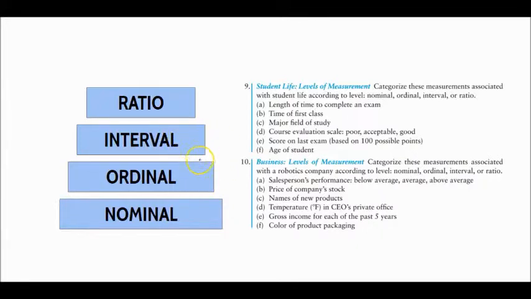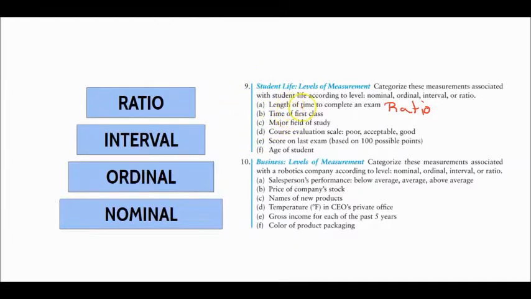But I can also look at the time frame in general with an interval and see that over a certain period of time, these are the people who got completed. But ultimately, this one is going to be a ratio. Okay, the first one is going to be a ratio because for the length of time to complete an exam, we can use other properties and we can find ratios between the values of the students who complete the exam. So that's going to be a ratio.